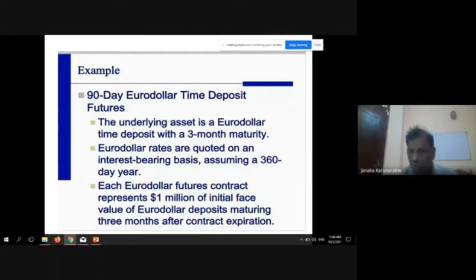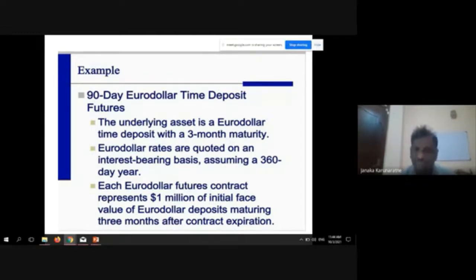So if you want to buy or sell a euro-dollar contract, one contract is $1 million. If you want to hedge your position, you cannot exactly match your position because the contract size is fixed.